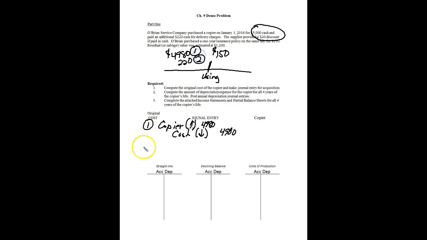We also had these delivery charges. We do not expense those. We capitalize those as part of the equipment, or in this case, part of the copier. So we increase the asset for that $220. And cash will go down as well. Okay, well, let's draw a T account over here for the copier, where it goes up with debits. And let's post our 2 entries.